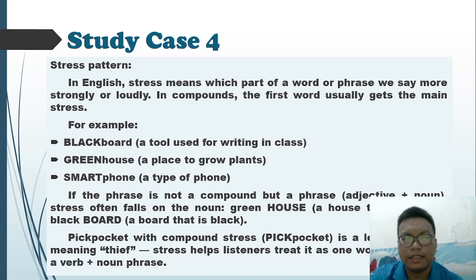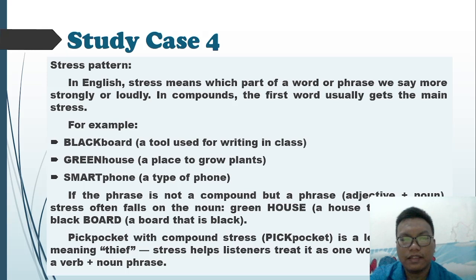So there is a stress pattern. In English, stress means which part of a word or phrase we say more strongly or loudly. In compounds, the first word usually gets the main stress. For example, blackboard, a tool used for writing in class; greenhouse, a place to grow plants; a smartphone, a type of phone.